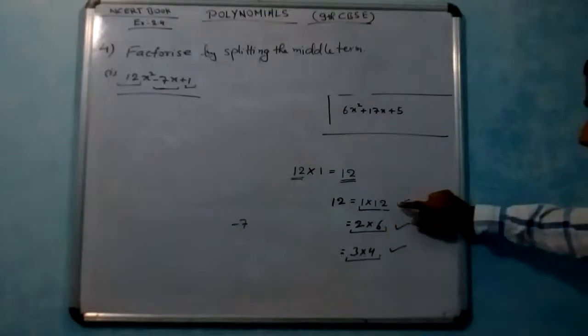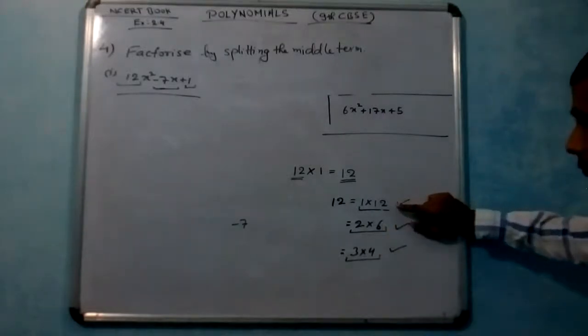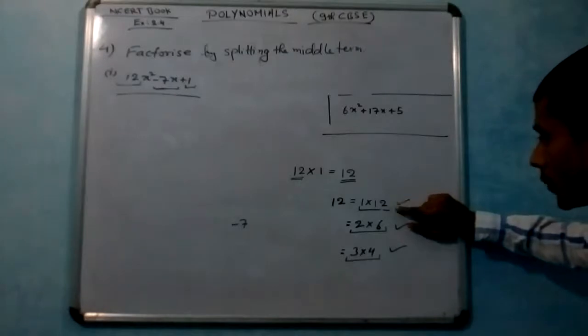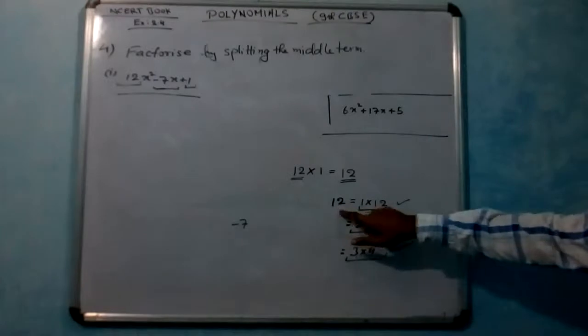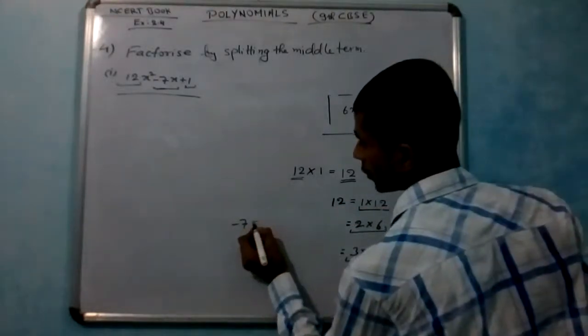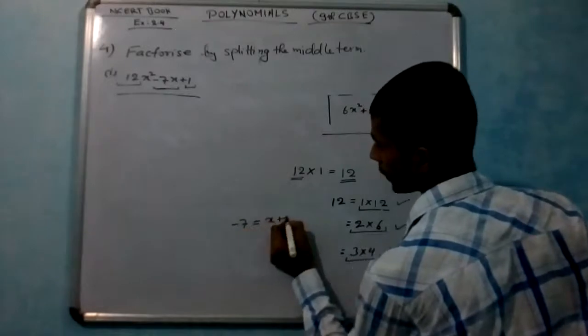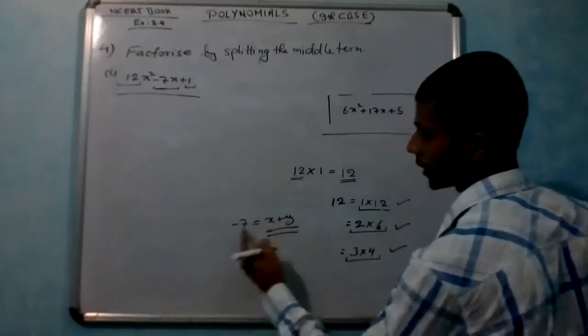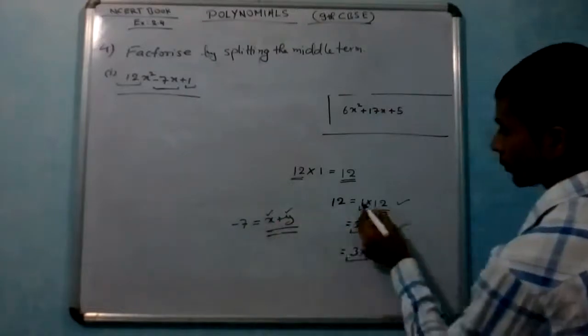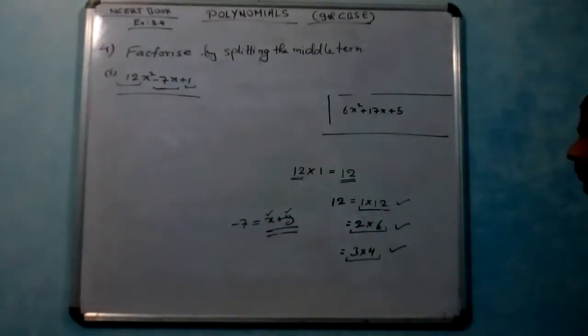How can I form minus 7? As a product, it should be 12. No, we must get x plus y is equal to minus 7. These two. So which one will be x? Which one will be y?